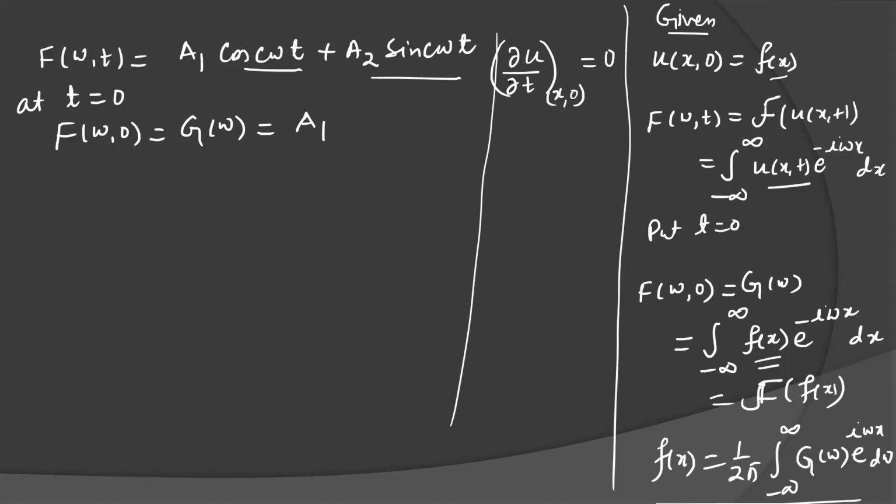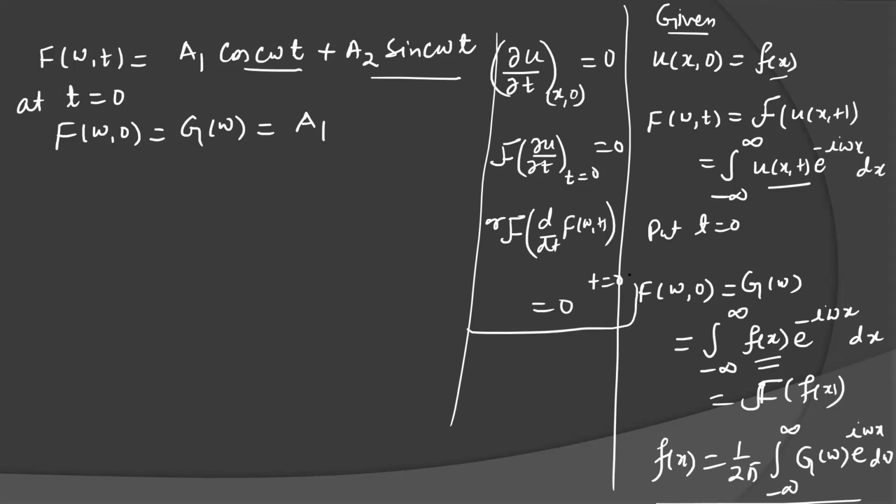So if we take the Fourier transformation of both sides, then it is the Fourier transformation of del u by del t at t equal to 0 is 0, or d by dt of F(omega,t) at t equal to 0 is 0. Because with respect to t, I can take d by dt outside using the Leibniz rule. You can see this in part 5. I also proved it for del u by del t. This is the first term in the heat equation, you can see.